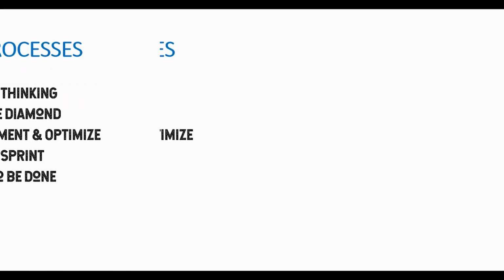For the UX processes, I have a couple of topics I will be talking on: design thinking, double diamond, experiment and optimize, design sprint, jobs to be done. So these are the concepts I will be looking at basically. So let me get my pen.